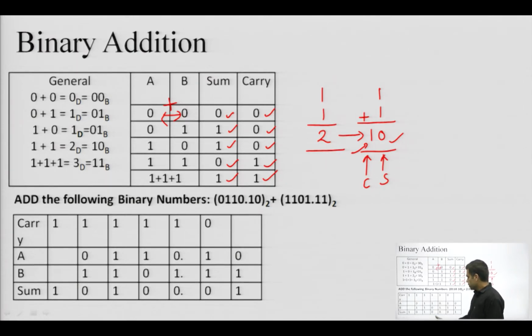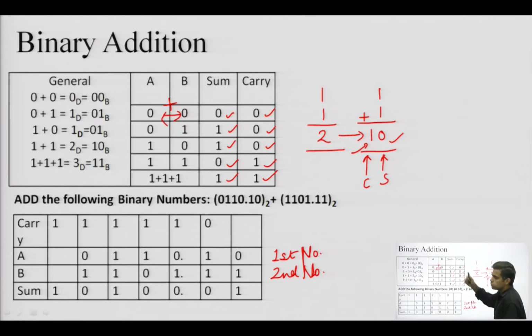So, let us take two numbers. This is my first number, 0110.10, and 1101.11 is my second number. Now, these two numbers are to be added using the above set of rules.